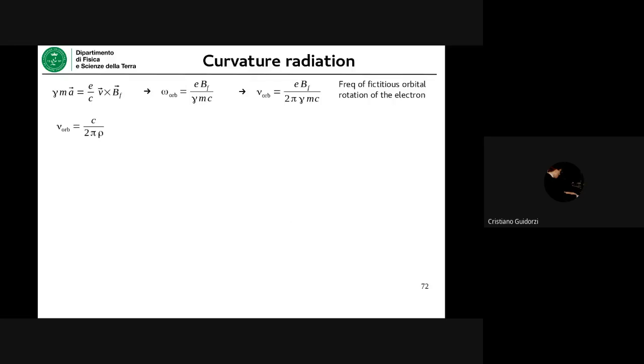But on the other side, you have an ultra-relativistic electron, so the velocity is close to c, and we can approximate it as c. Imagine you have a particle moving on a circle. You know the velocity, you know the radius ρ, so you immediately work out the frequency. The velocity is ω ρ, where ω is just 2π ν orbital.